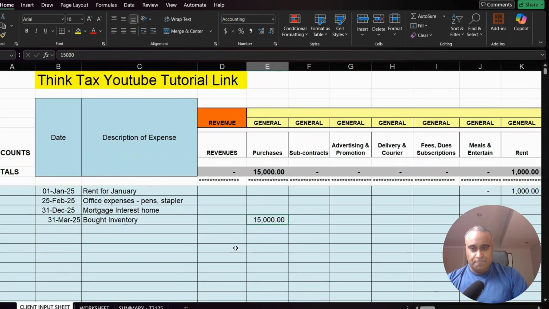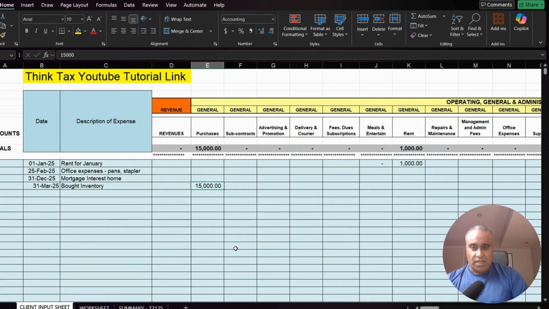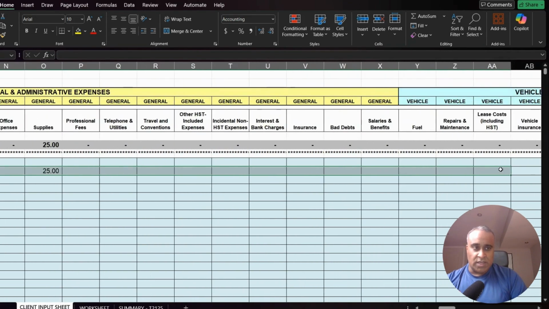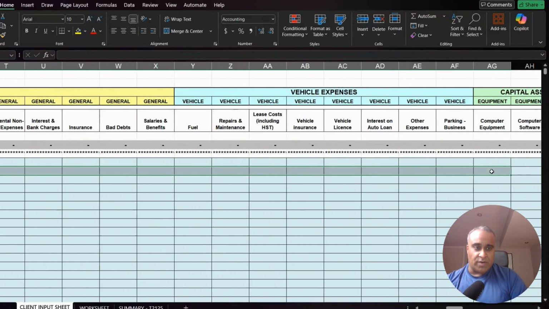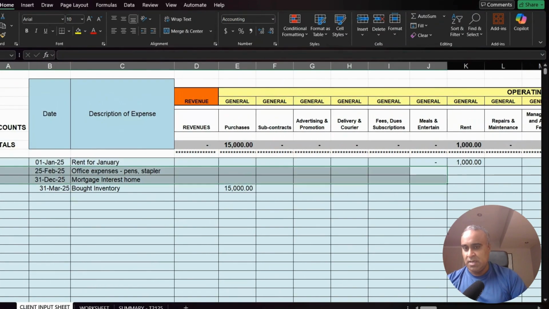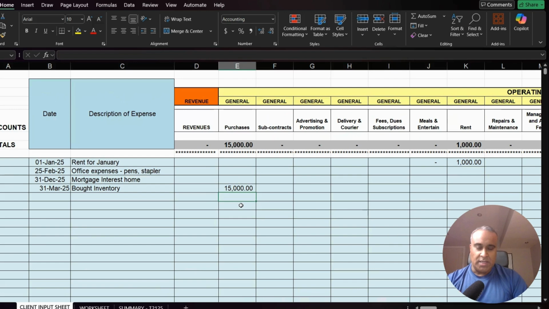Now, this spreadsheet is populated to capture all your expenses and revenues during the year. It helps me fill out your tax return and also identify any anomalies. As I mentioned, there are different categories here. It's quite detailed.